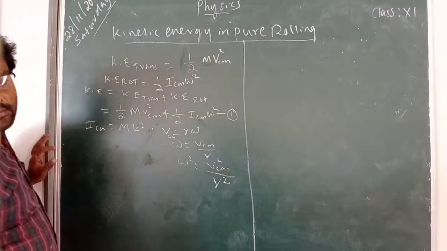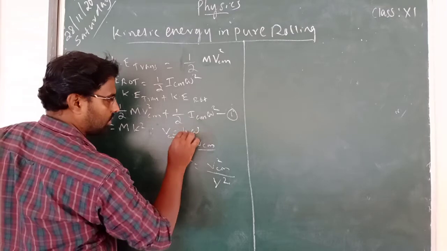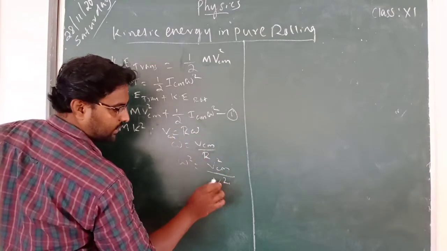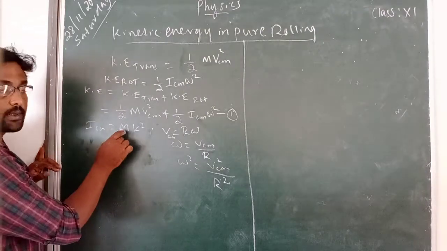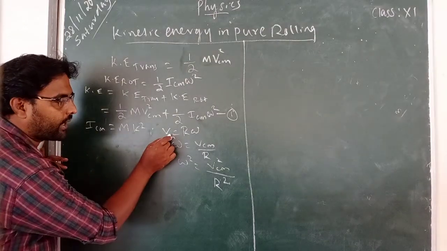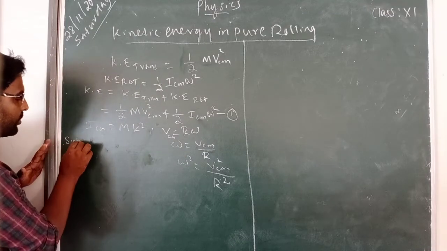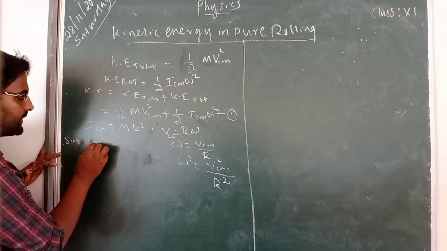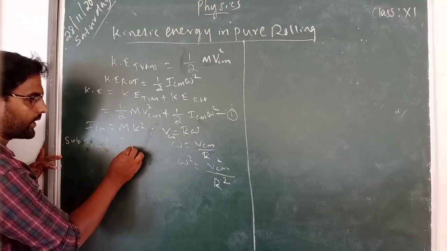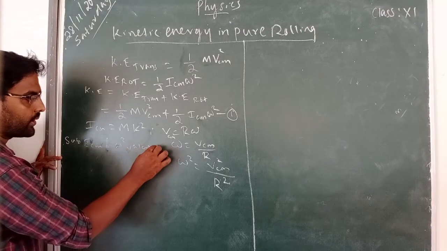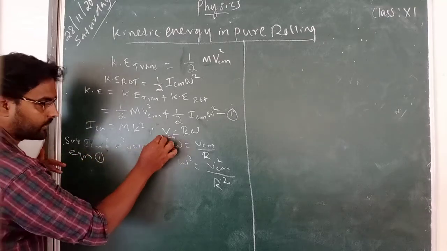Capital R we can use, as in the textbook. Now substitute this I cm value and the omega square value in equation 1.